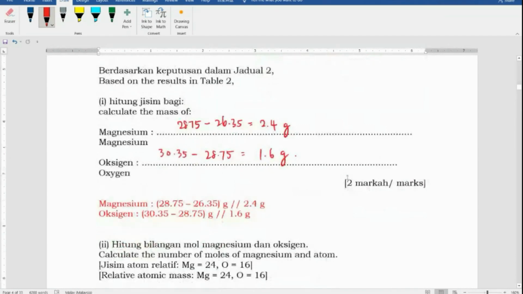Now, can you calculate the number of mole? Anyone? For magnesium, you have the mass. How to get the mole if you have the mass? Bisa ingat kah? Apa formula ni?